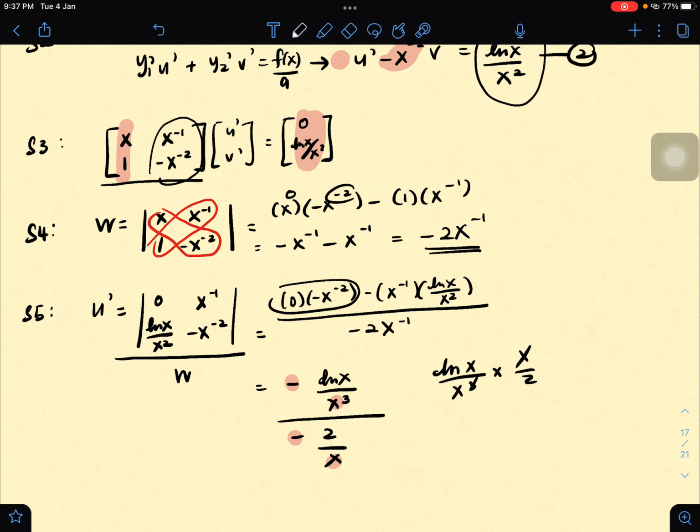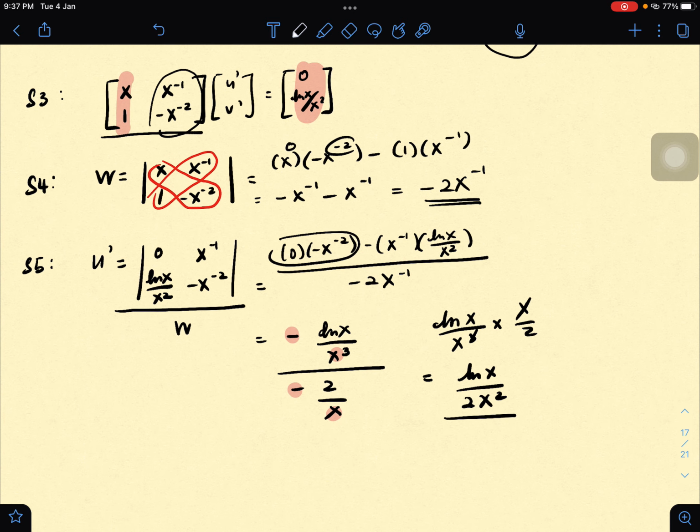So this one and this one can be cancelled out. So what you have here is ln x over 2x squared. Okay, this one is your u prime.